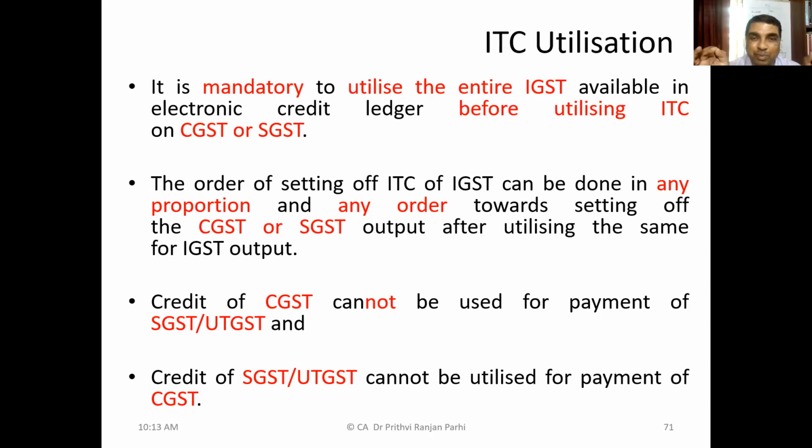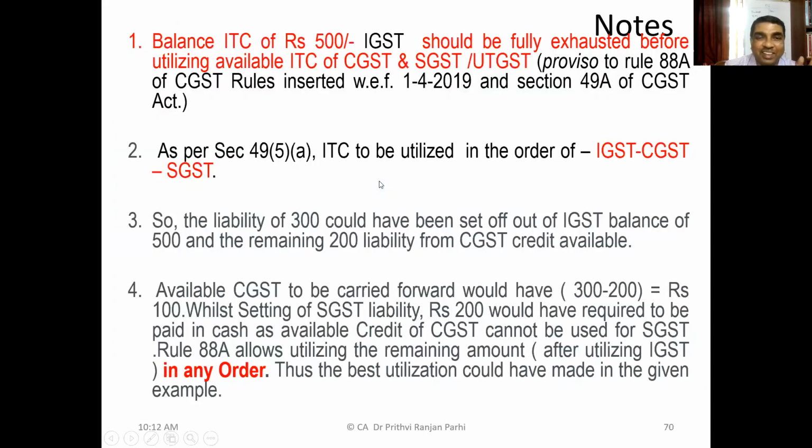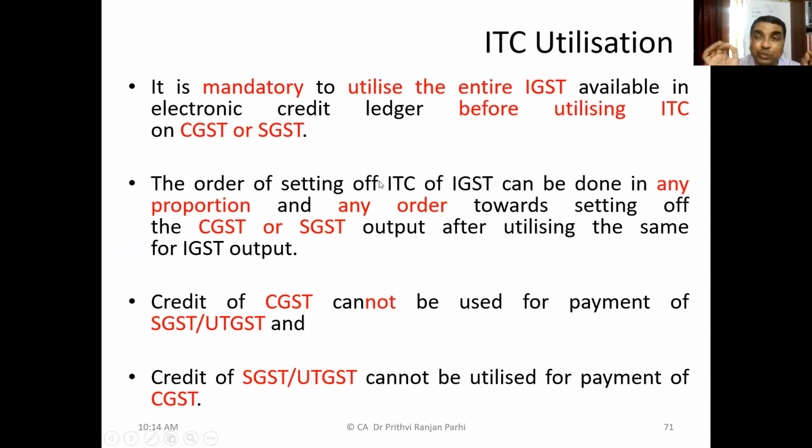Now the next point, watch it carefully. The order of setting off ITC of IGST can be done in any proportion and in any order. Here we have exhausted it in the proportion of 50-50, but it's not necessary to use 50-50. You can use 70-30, or you can use 100% for CGST also. That proportion you can decide.